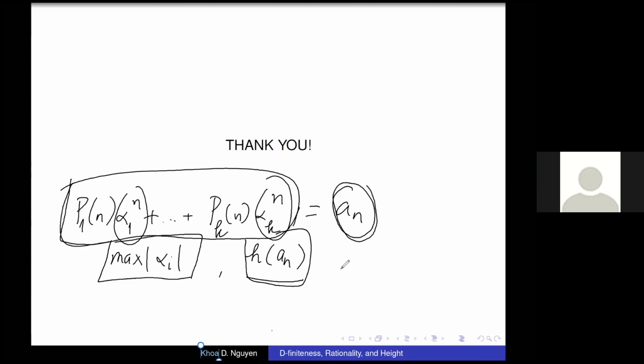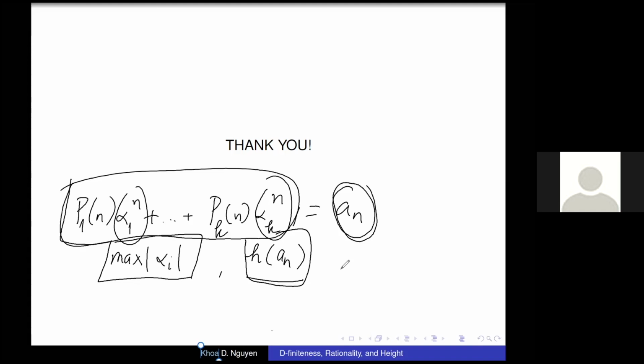Well, if you're looking at D-finite functions, you wouldn't. In my work, I'm actually trying to compute the differential equation given known properties of the function.